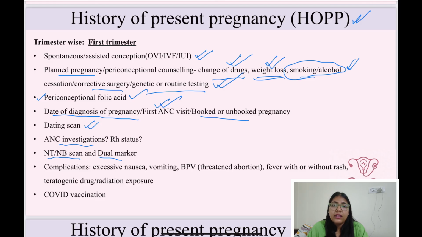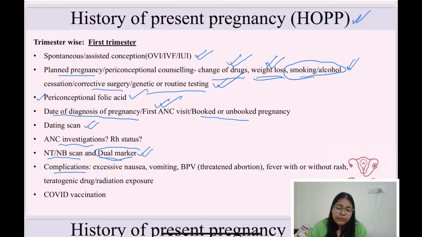You will ask like, if any ultrasound was done at 3rd month of pregnancy, following which one expensive blood test was done. So if the patient tells yes, that was done and the report was told to be normal, you should be mentioning like another ultrasound was done at 3rd month of pregnancy and which was told to be normal, following which another blood test, expensive blood test, was done which was also normal as per patient.